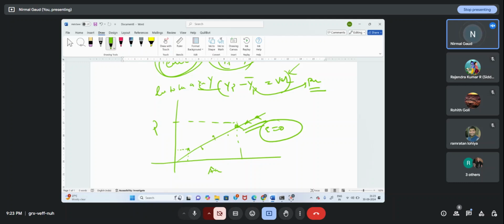So in this case, the variance of yp, this is the variance, and yp minus y actual, this is the residual or the error, and this should be less.